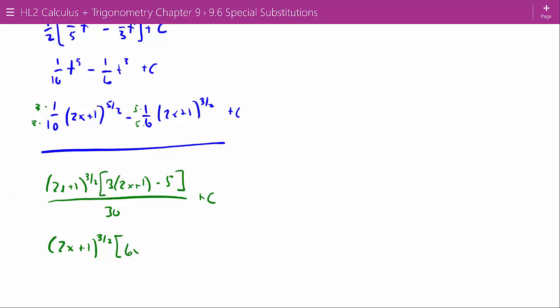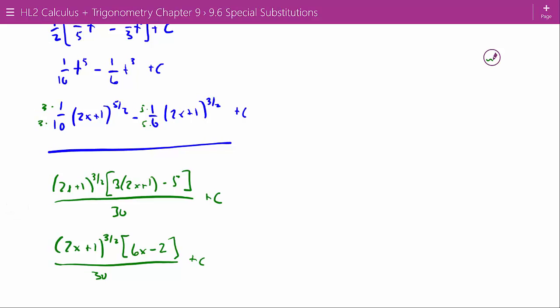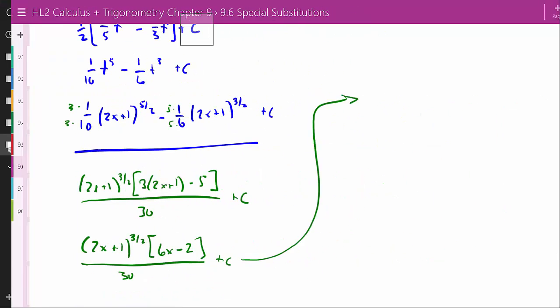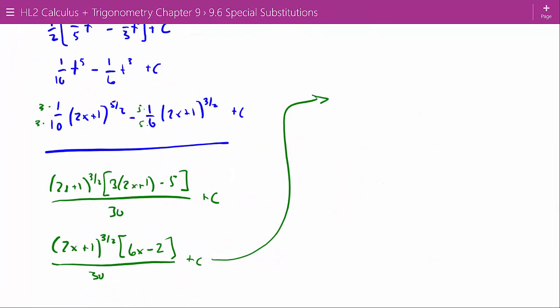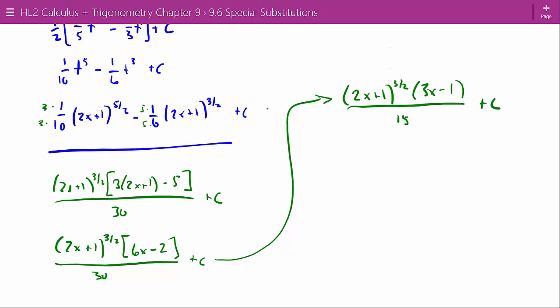We have 6x minus 2. And we can factor a 2 out of the brackets here and reduce with the over 30. So our final glamorized, beautiful answer, our antiderivative, 2x plus 1 to the 3/2 times 3x minus 1 all over 15 plus c.